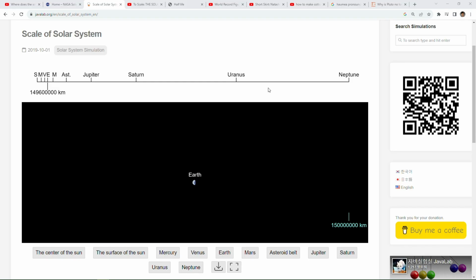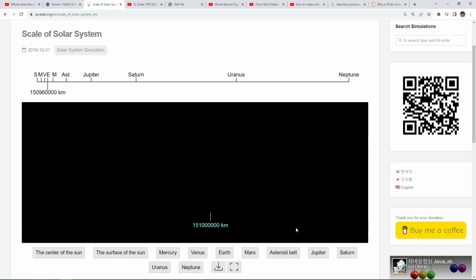So how about we set our destination to Saturn? You can see Saturn is not yet the furthest major planet in the solar system. Let's click on Saturn. So we'll start to travel from Earth to Saturn.